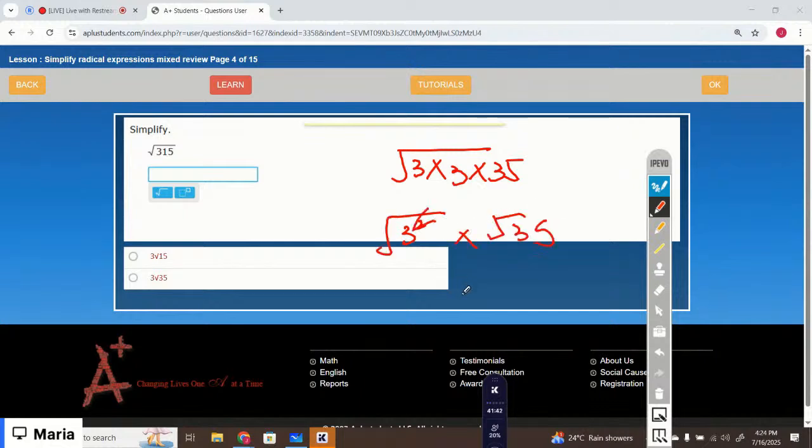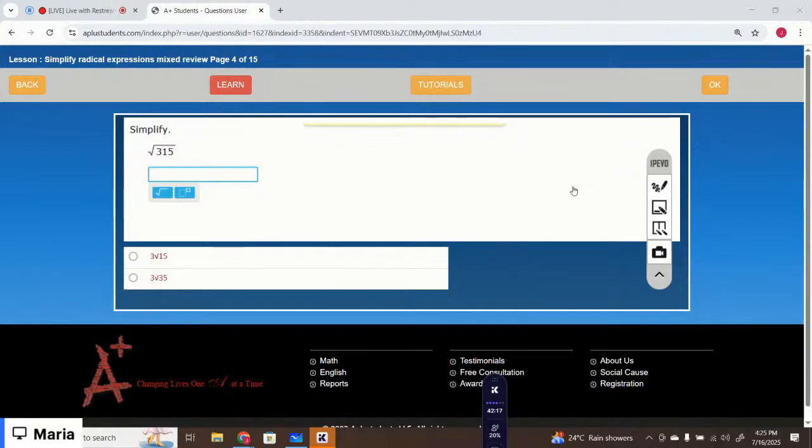Square and square root cancel out, so that is 3 square root 35. Option number 2 is the correct option. That is 3 square root 35. Option number 2 is the correct.